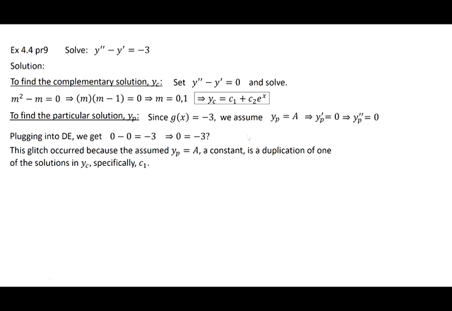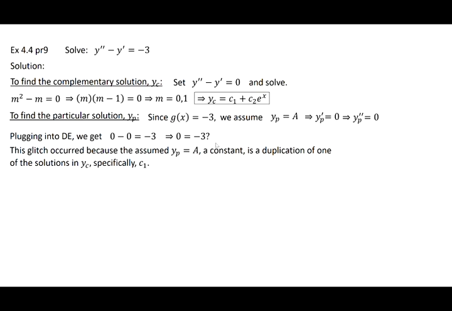Well, our complementary solution has a constant as one of its solutions. That's why we had a problem. If your complementary solution is a duplication of what you have assumed for particular, that leads to this particular glitch.